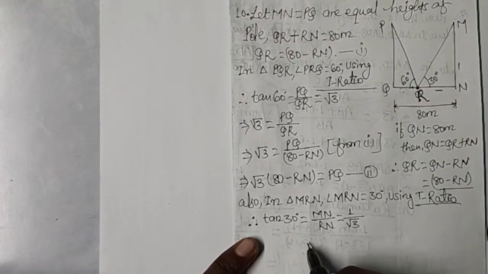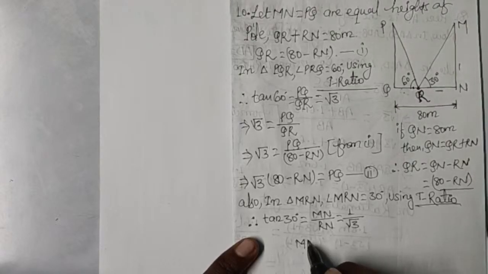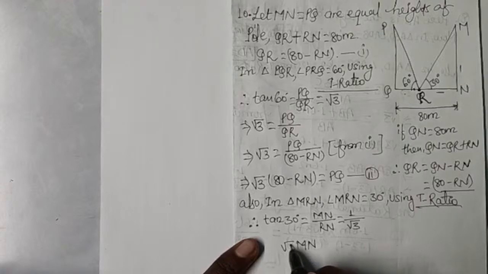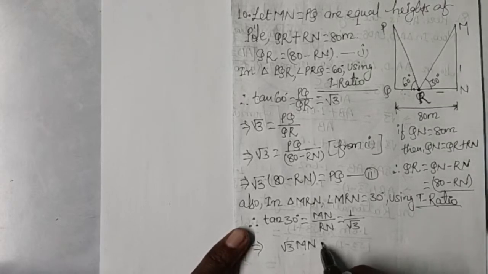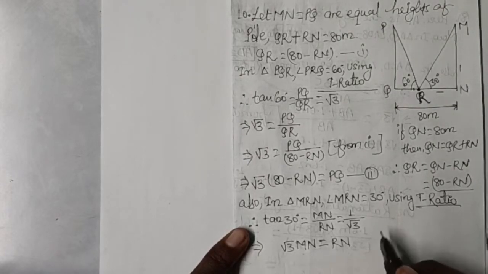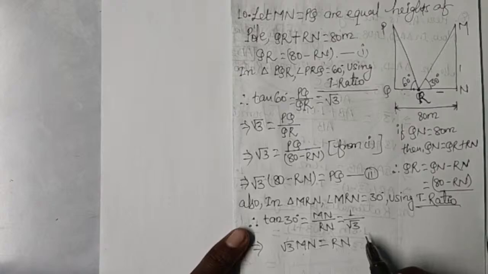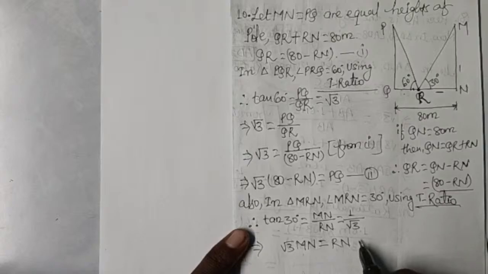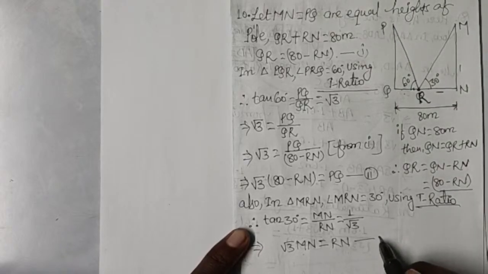It will become, on cross multiplication, √3 MN equals RN. This is the third equation.